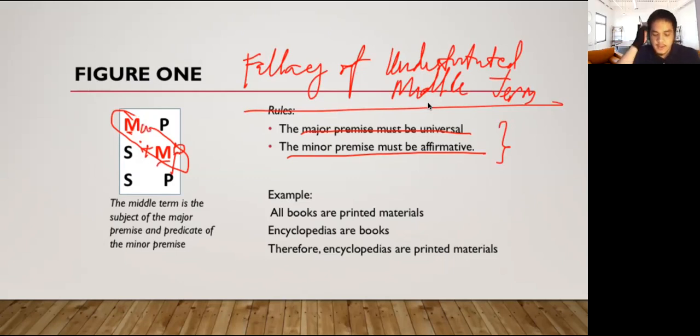Okay. So, the two rules for figure one. Now, the example here is, of course, you all know, this is your middle term, MU. So you have the first rule employed plus PP.